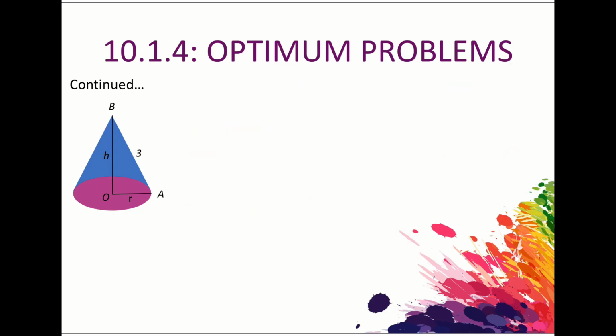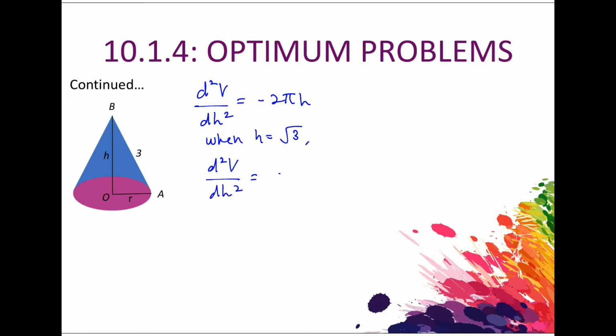And then we need to find the second derivative to verify whether it is maximum or minimum. So we have the second derivative of V with respect to h is equal to negative 2 pi h. So when h is equal to the square root of 3, the second derivative is equal to negative 2 pi square root of 3.